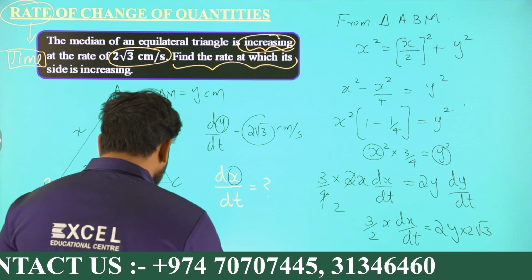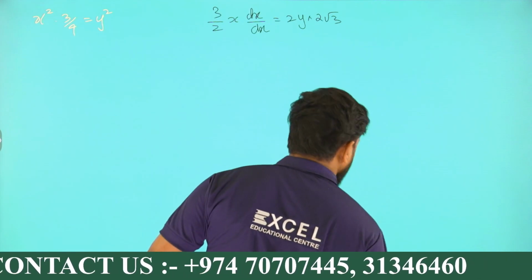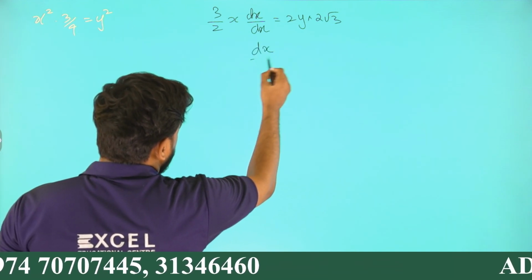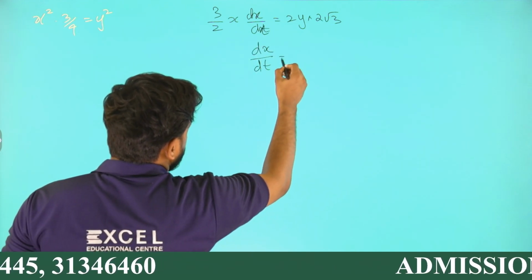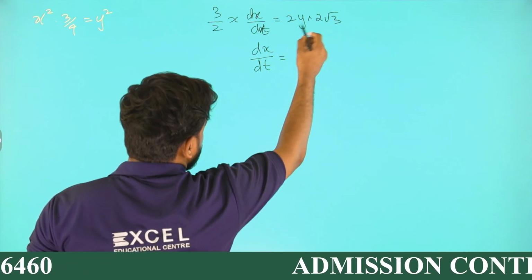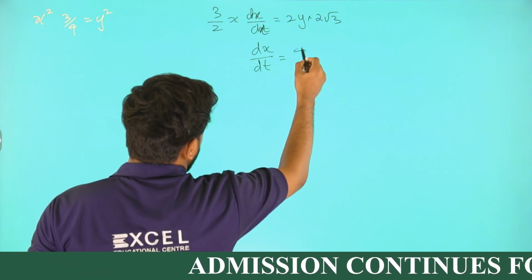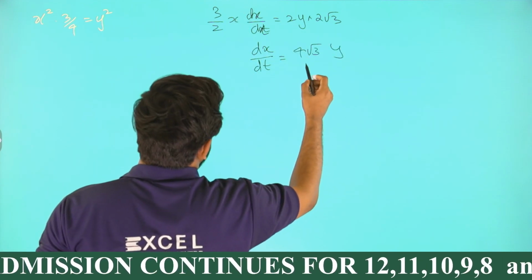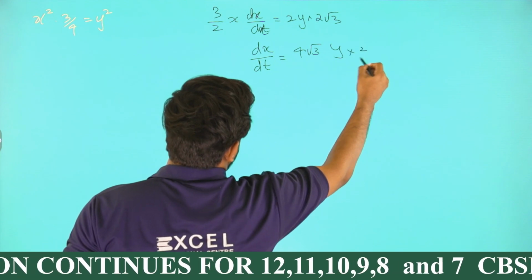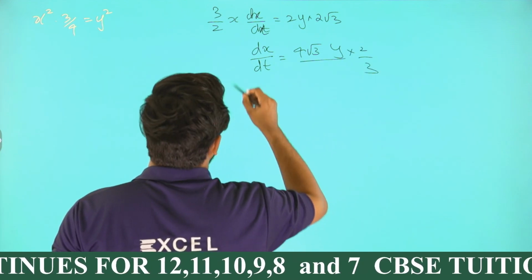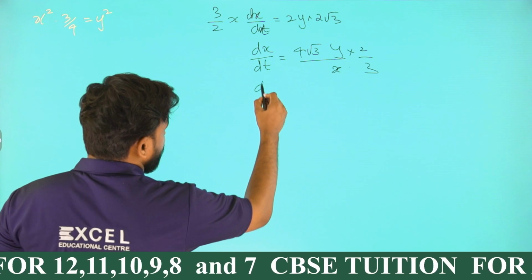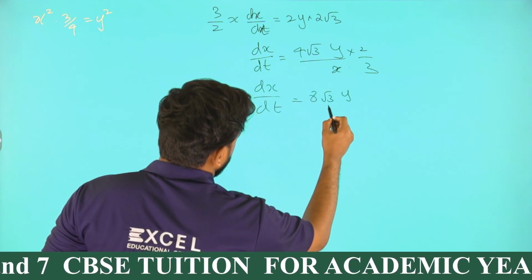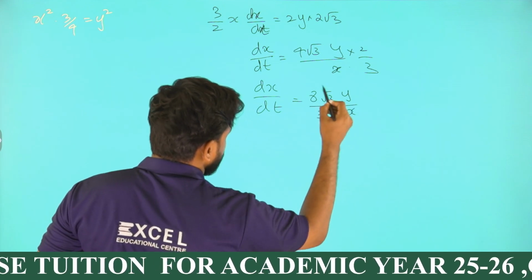So what can we do? Here is the expression that we got, and I need dx by dt from it. 2y into 2√3 will become 4√3y, and the 3 by 2 and x will go to the other side. When I simplify it, what will I get? 8√3y by x, divided by 3.